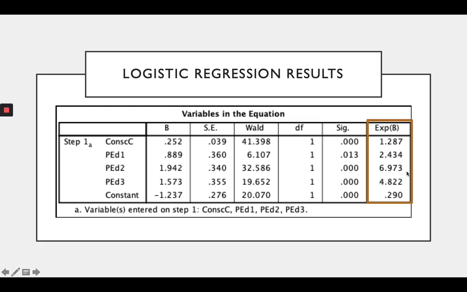That is 6.97 times more likely for those who did get a college degree, and then you see here 4.8 times likelier if their parents have an advanced degree. And as far as conscientiousness, we can see that that is also significant, and those who have higher conscientiousness are more likely to graduate.